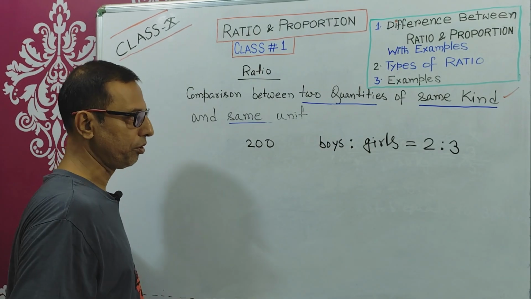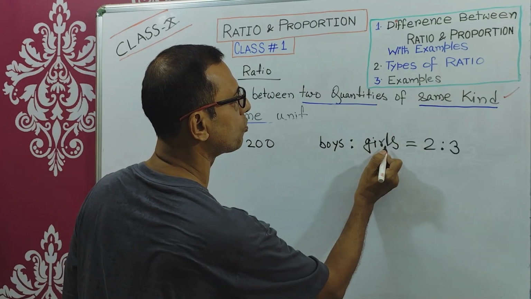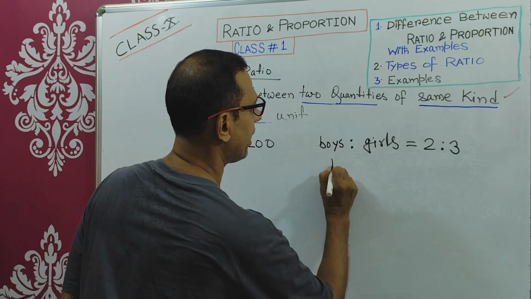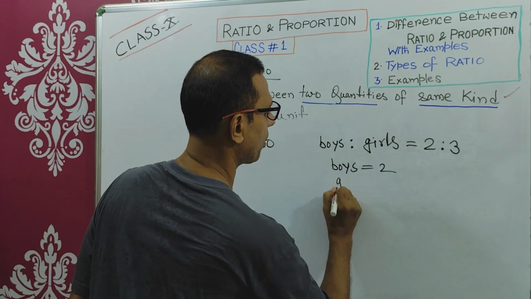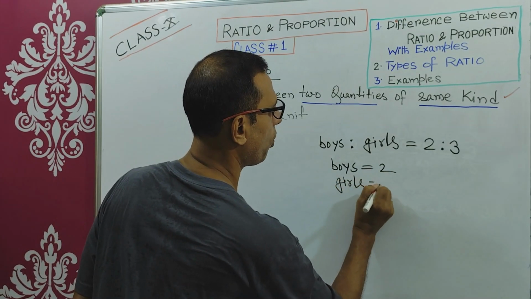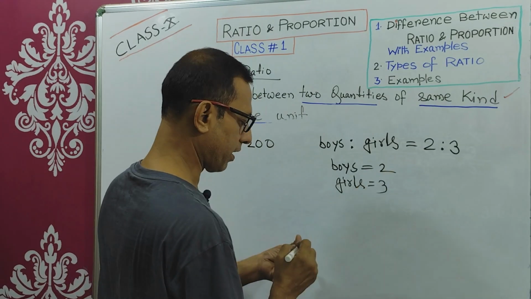One thing you need to remember: if I say boys is to girls equals 2:3, that doesn't mean boys equals 2 or girls equals 3. No, this is not correct.